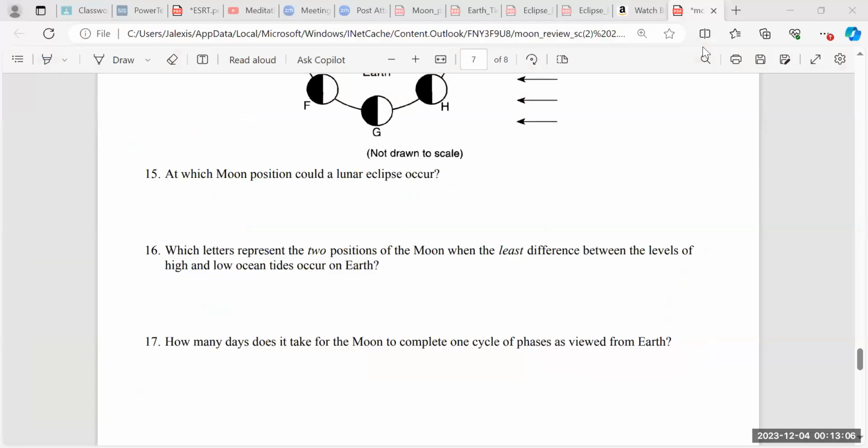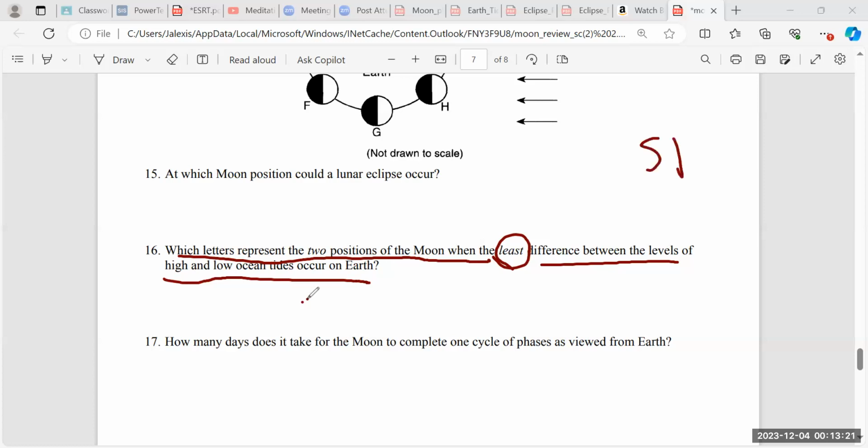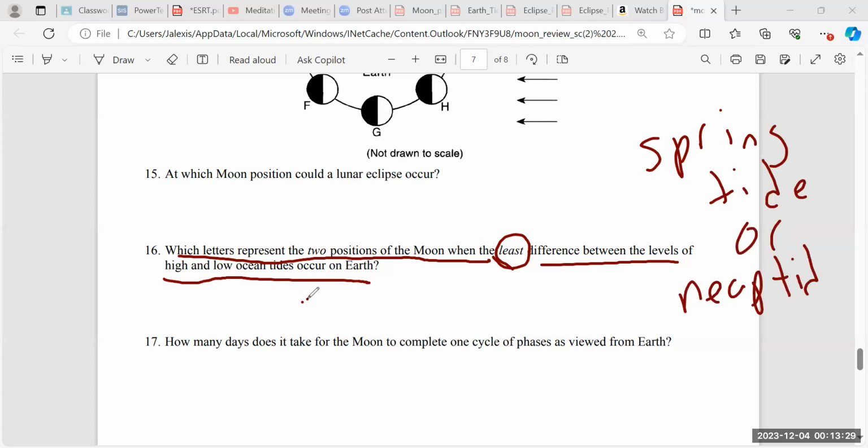All right, number 16. It says, which letters represent two positions of the moon when the least difference between the levels of high and low ocean tides occur, right? So that means we're either talking about a spring tide or a neap tide, all right? Where there is the least difference.